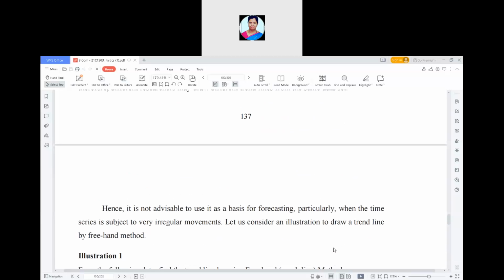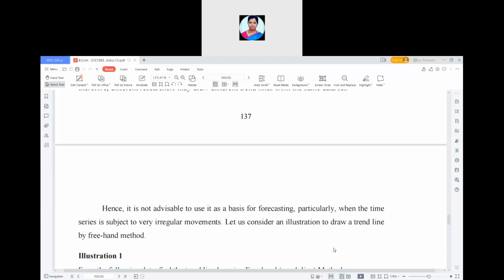The last point is that the trend should bisect the cycles so that the area above the trend equals that below the trend, not only for the entire series but as much as possible for each useful cycle.